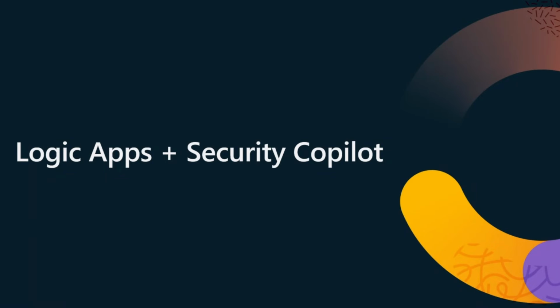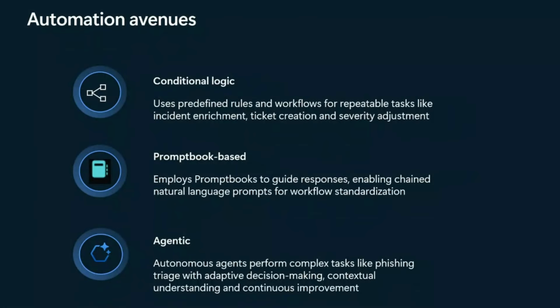All right, so if I can chime in real quick. There are various different avenues depending on the types of scenarios that you're looking to unlock with automation. Ultimately, Innocent went through three different avenues. The first is conditional logic, where you actually have the if this, then that type of logic, where you can use built-in connectors with logic apps. Prompt-based, which are really meant for human analysts to supercharge their workflows.